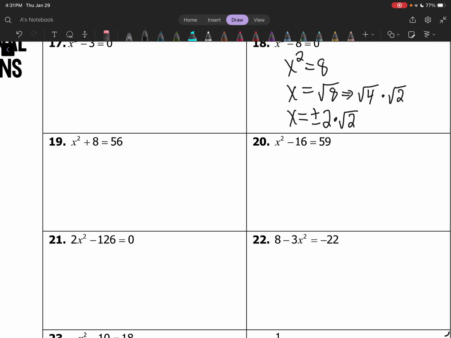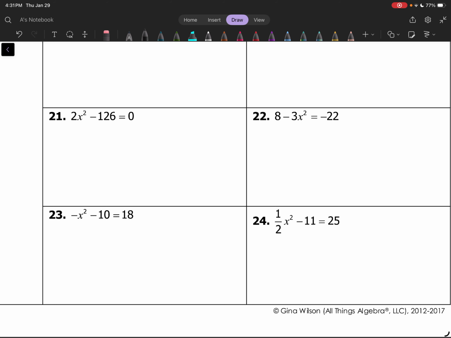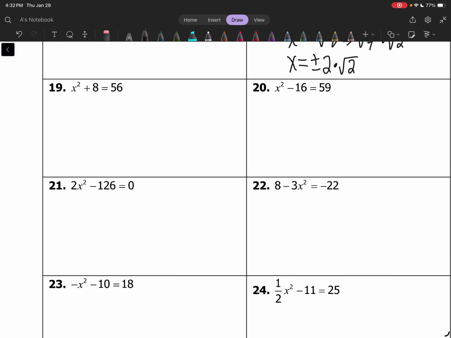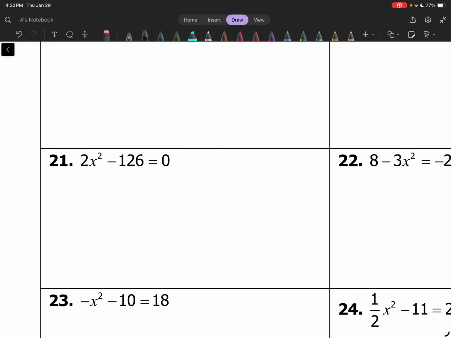Let's look at, what do I want to look at here? I think I'll do 21 and 23. All right, 21. 2x squared is equal to 126. Divide by 2.